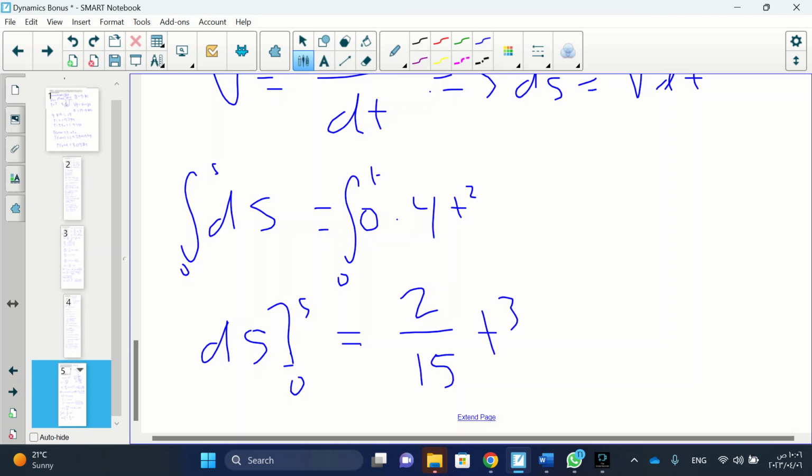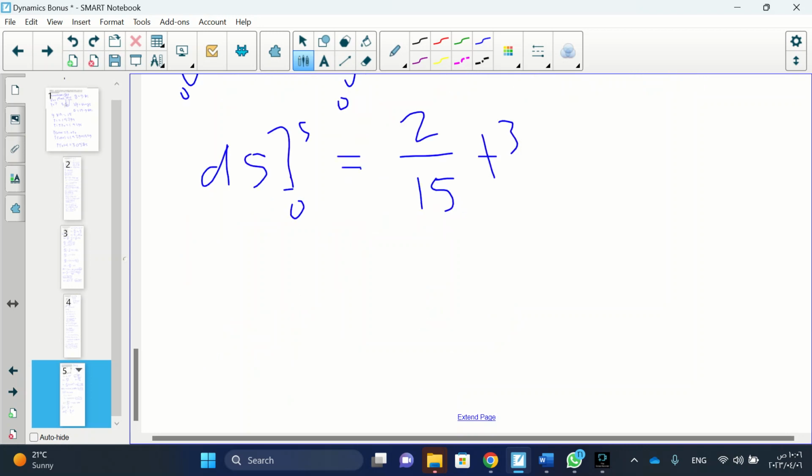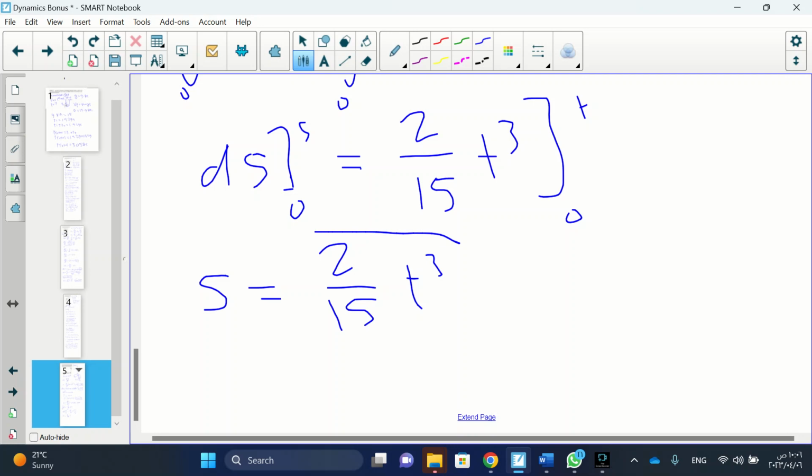Don't forget, from 0 to t. So you can say that s is equal to 2 over 15 t to the power 3. Okay, this is a very substantial equation. It's very important.